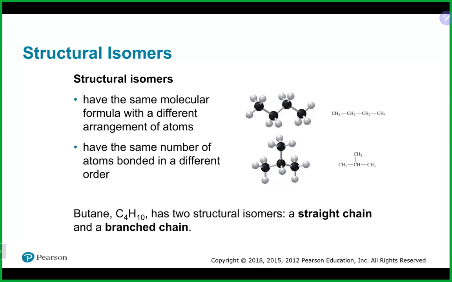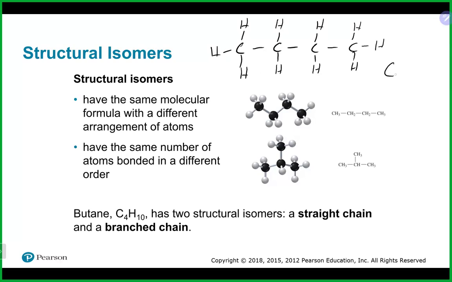Now, for example, if we look at this guy here, which is our 4 carbons in a row, which is our friend butane. It's got 4 carbons and 10 hydrogens if you count it all off.